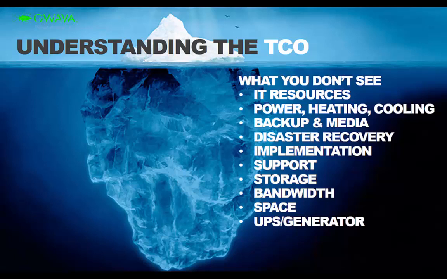So, for example, if you have an email system, you have to have the servers on site. We're talking on-prem. You have to have a place to put them. There's real estate, right? You have to have the power, the heating, the cooling for that. You have to be able to have backup for that and disaster recovery.